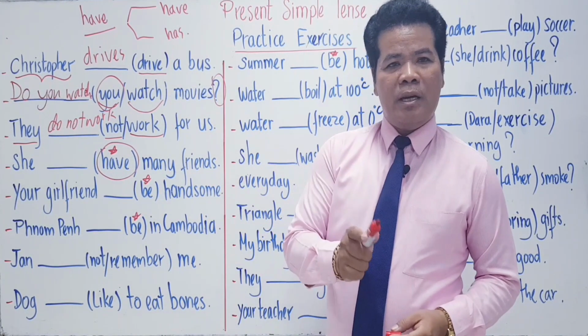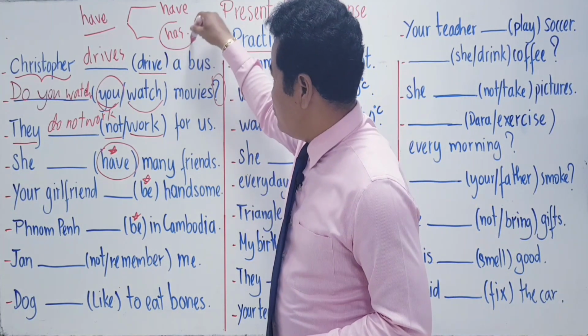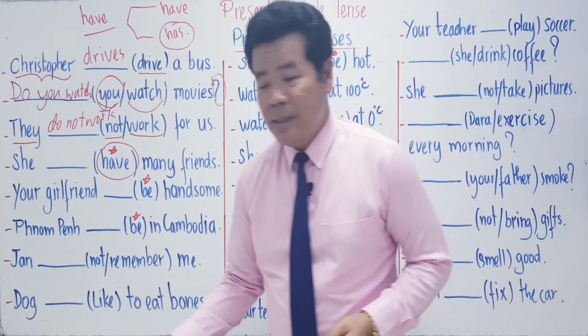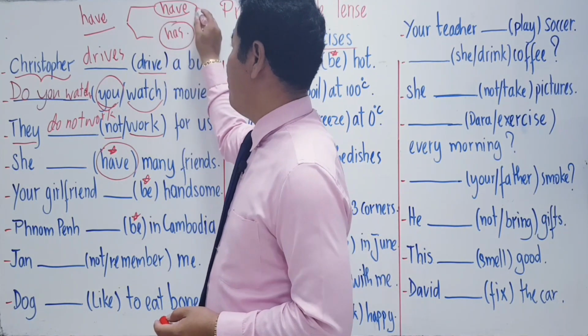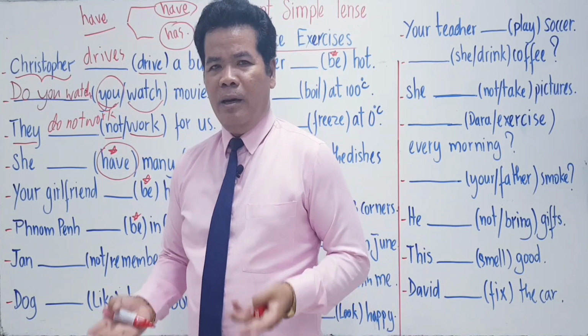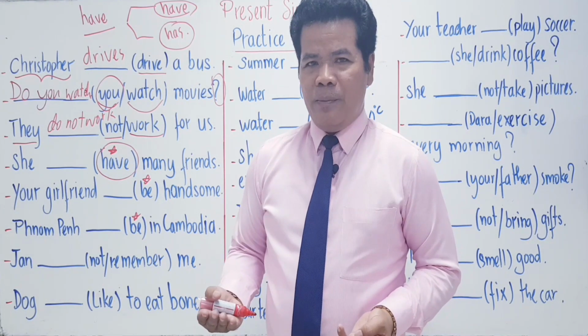When we use a third person singular subject, you have to use has. And for the others, you have to use have. I, we, you, they have. He, she, it has. Alright?